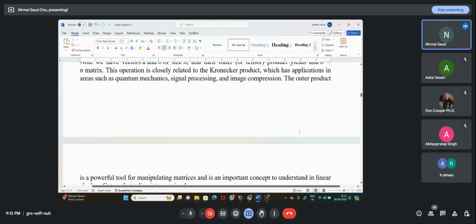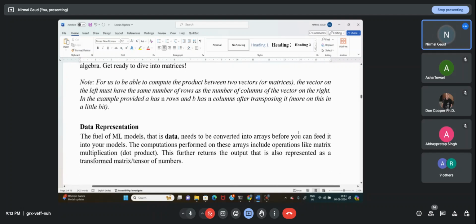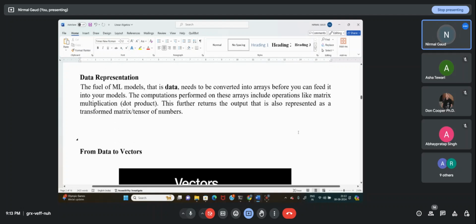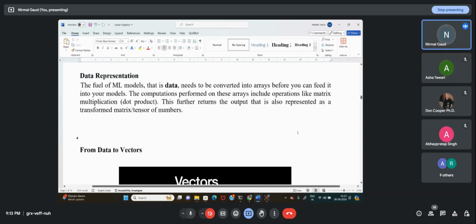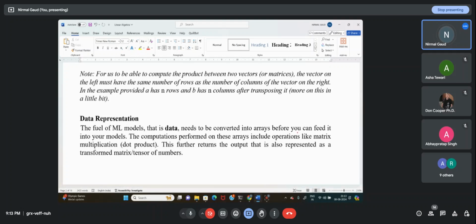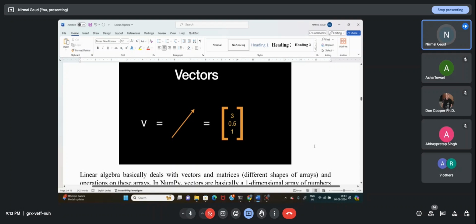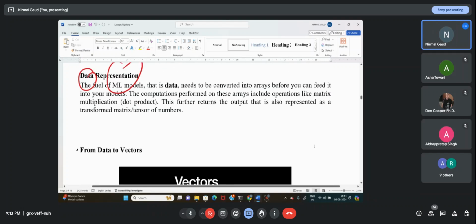Okay, so again, very important. Now, data representation. Now let's talk something more about the data representation. Though I have already told you, when I show you data, this is how you represent the data in a vector notation.